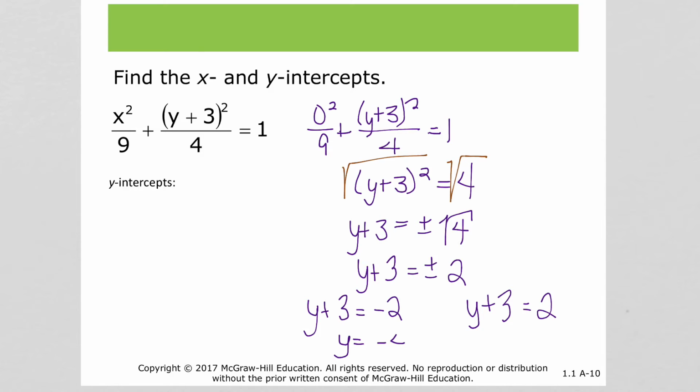So y is equal to negative 5, and y is equal to negative 1. So we have two y-intercepts, one at (0, -5) and another at (0, -1). And that concludes this lesson.